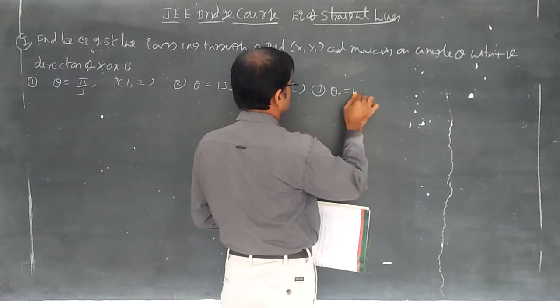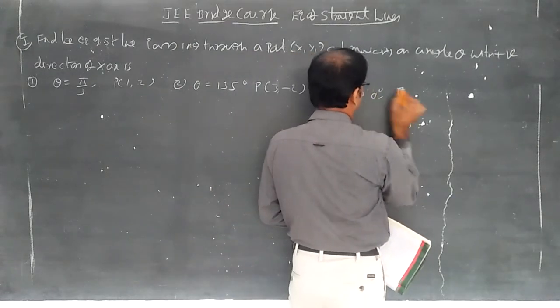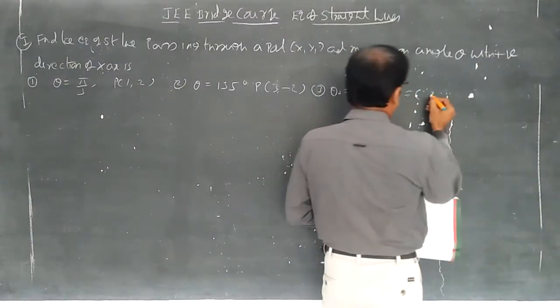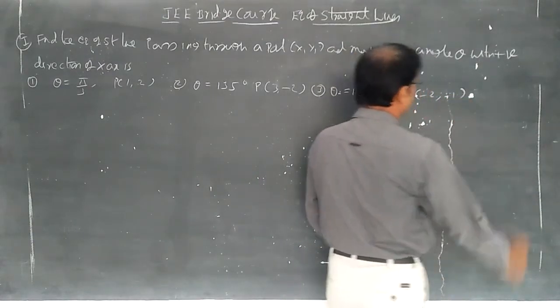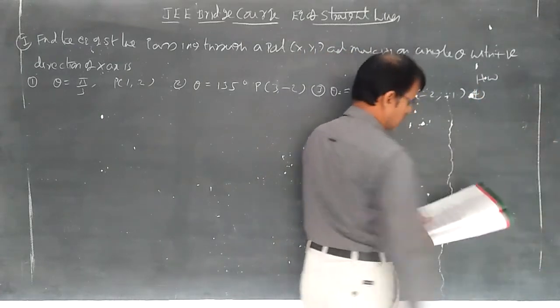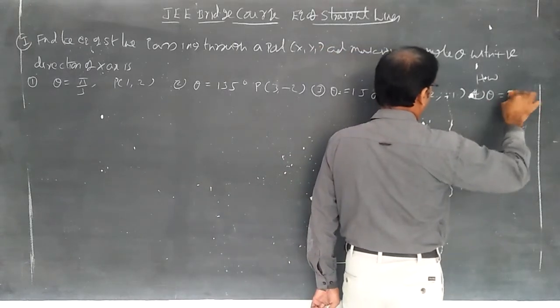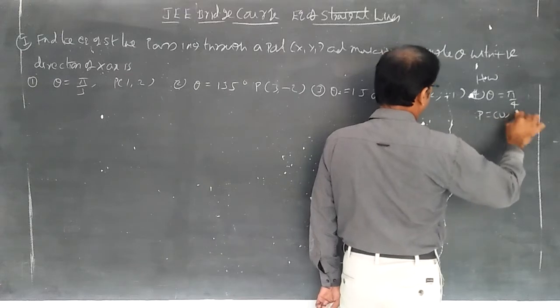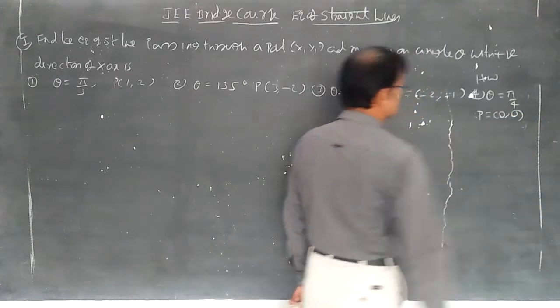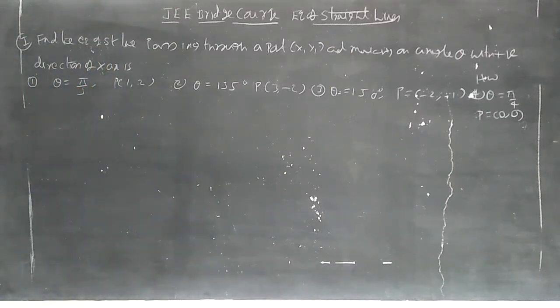Third one, theta is equal to 150 degrees, point P is equal to minus 2 comma minus 1. Fourth one is also there, I am giving to you as homework: theta is equal to pi by 4 and point P is equal to 0 comma 0, so it is origin. I said yesterday also.